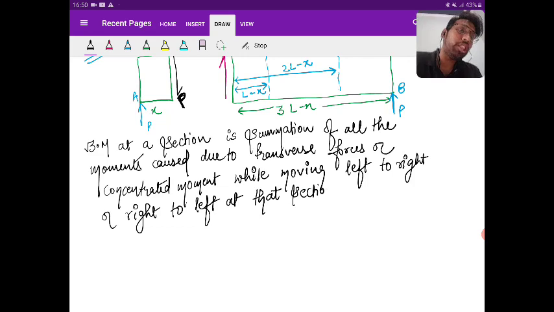Is it clear? So all the moments are considered whether you are moving left to right or right to left for defining the bending moment at any section, right? So that is the definition.